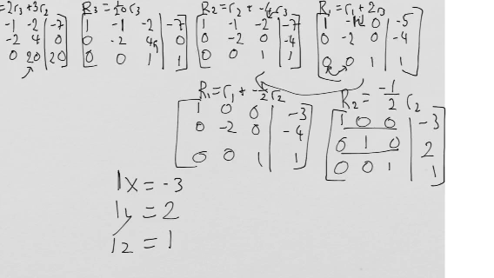Because the first one is really 1x plus 0y plus 0z, but we don't need to write that. So here's the answer. X equals -3, y equals 2, and z equals 1.